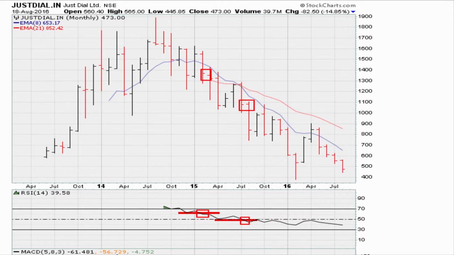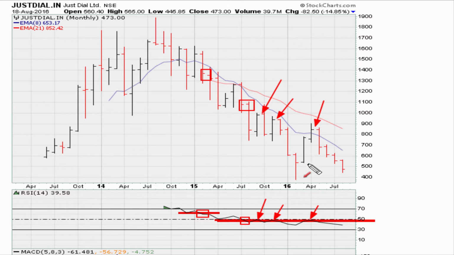Ever since the break here, if we draw a line right there, which also corresponds with the RSI 50, you can see rejection at the red line, the previous break, and also rejection at RSI 50, with rejection for the highs this month here, for these highs, and again for the highs here.